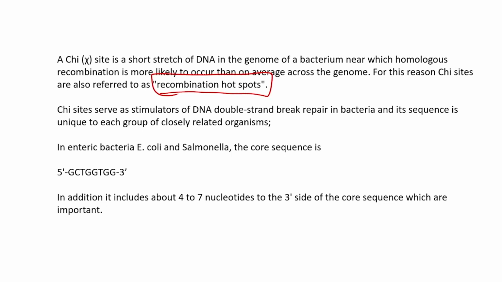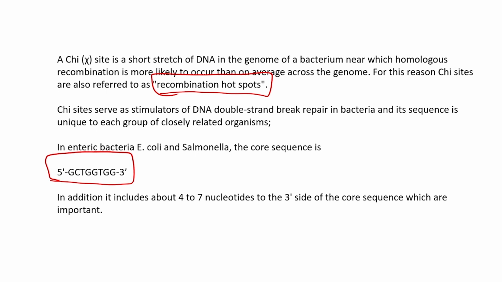Chi sites serve as stimulators of DNA double strand break repair in bacteria, and its sequence is unique to each group of closely related organisms. In enteric bacteria like E. coli and Salmonella, the core sequence, for example, is 5' GCTGGTGG.